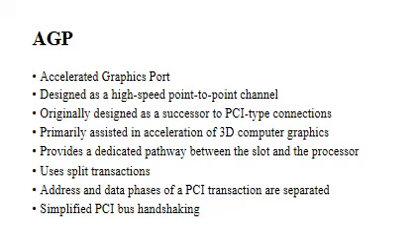The second major change is that AGP uses split transactions, where the address and data phase of a PCI transaction are separated. The card may send many address phases and the host processes them in order. This avoids long delays with the bus idle during read operations.